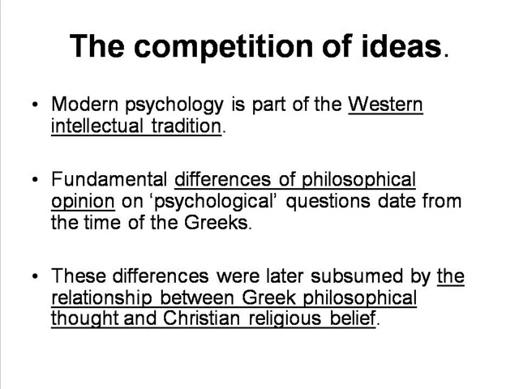These philosophical differences are very evident in the developing interest in psychological questions. Later, these differences were subsumed under the complex and often antagonistic relationship which developed between Greek philosophy and the Christian religion, together the two basic elements in the Western tradition. Finally, the scientific revolution caused a further division in its critique of established tradition, including religion.